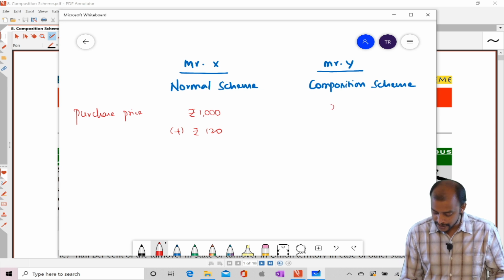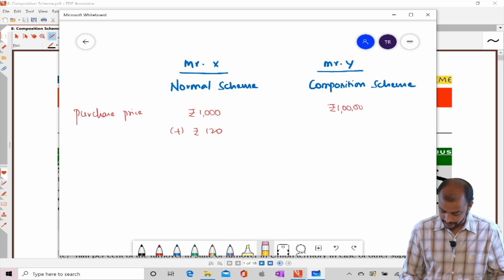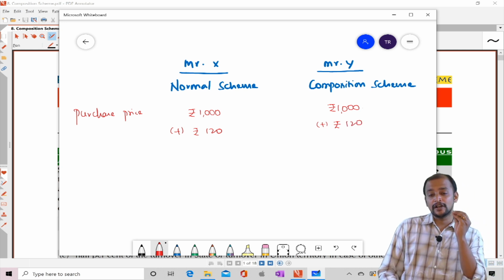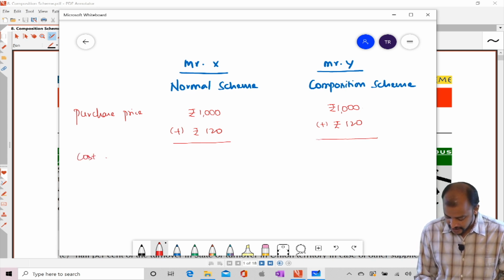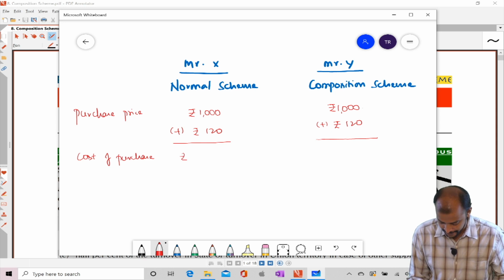Whereas under the composition scheme, same 1000 and we have GST of rupees 120. Whereas what will be the cost of purchase? Under the normal scheme, the cost of purchase is not 1120, it is only 1000.